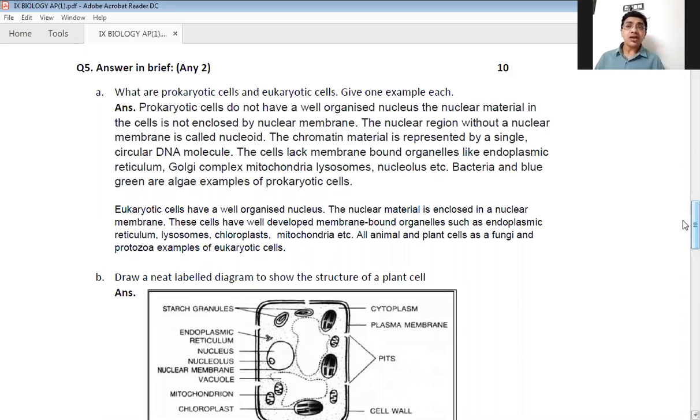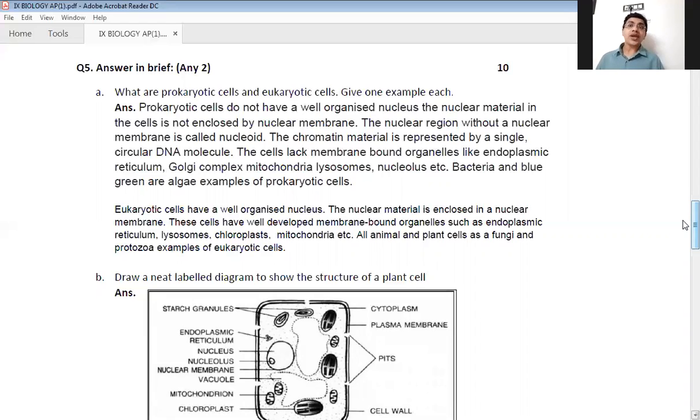Further, let's go to other features. The cells here, I'm talking about prokaryotic cells, lack membrane-bound organelles like endoplasmic reticulum, Golgi complex, mitochondria (ribosomes are still present, but membrane-bound organelles are not), lysosomes, nucleolus, etc. So all the advanced organelles found in advanced cells are completely absent in prokaryotic cells.